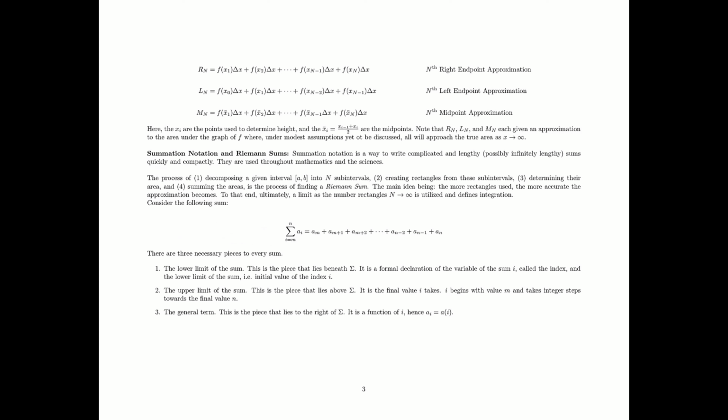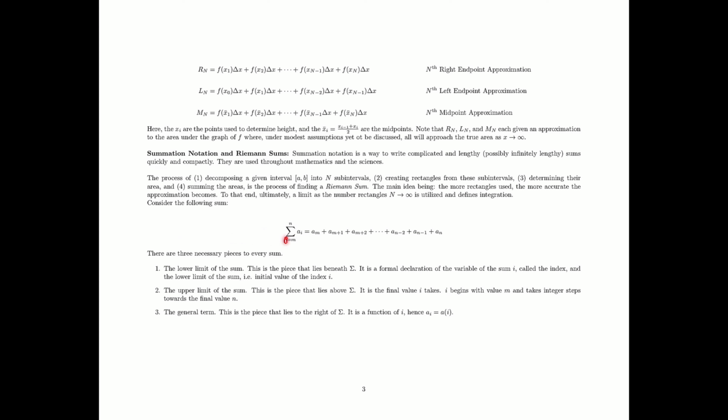It is essentially a way of saying, let's sum up, that's what the capital sigma is saying, terms that all look like this. We'll start off with an index value of m, so this is some number. It's an integer, a whole number.